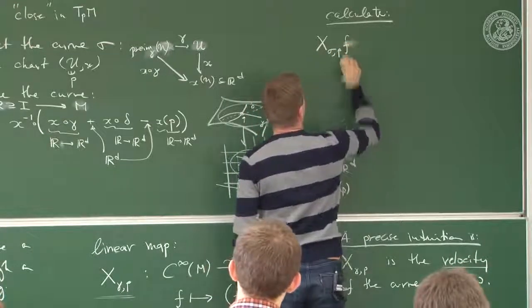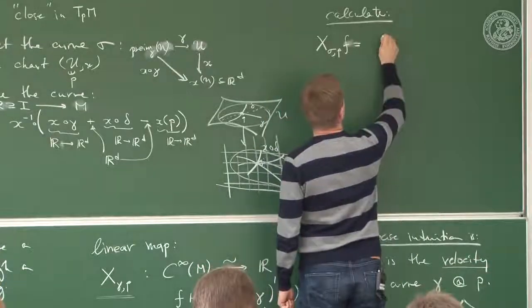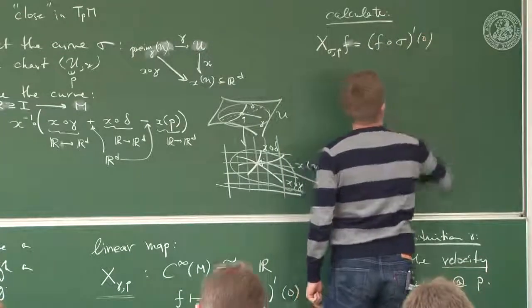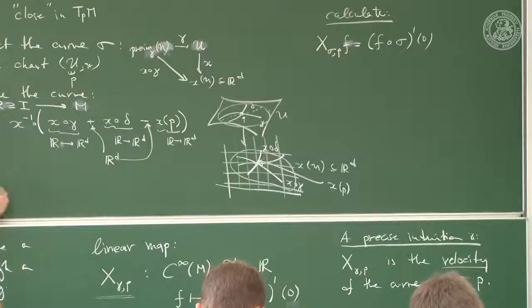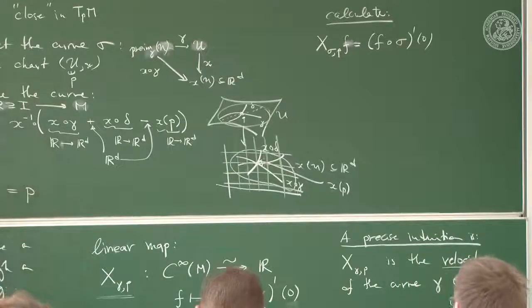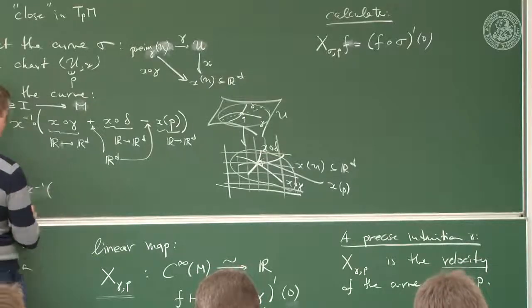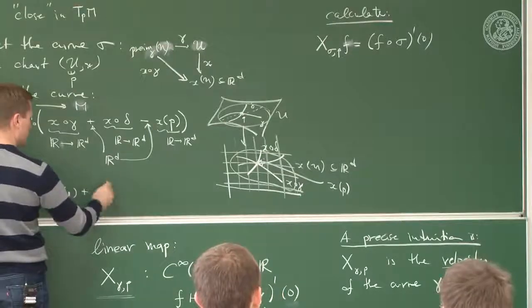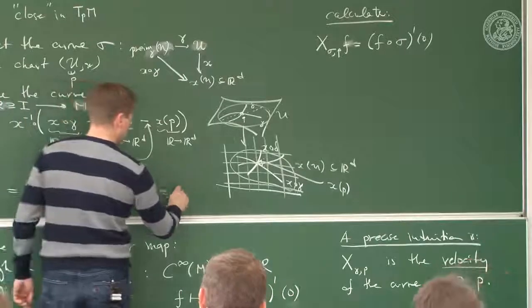Well, in order to find out, we best apply it to some arbitrary smooth function f, and it becomes f after sigma derivative at position 0, because we have ensured here by construction sigma of 0 is again the point P, because sigma of 0 is x inverse of x after gamma of 0, this is x of P, plus x after delta of 0 is also x of P, minus x of P, is x inverse after x of P is P.